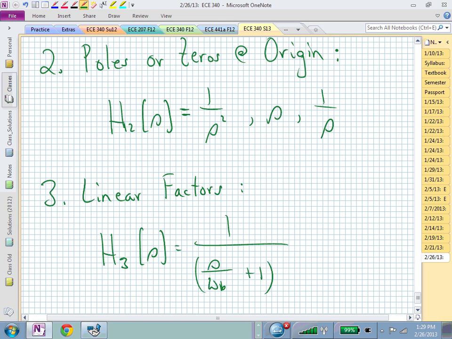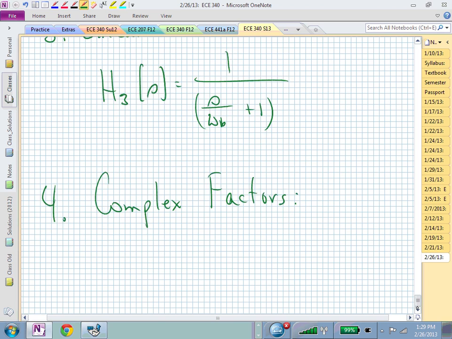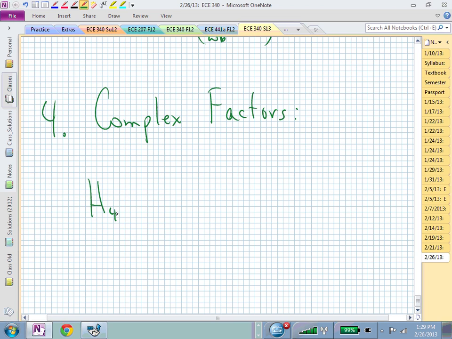The next term or factor that we will simplify is a complex factor or factors. Let's suppose that we have a complex pole factor, s squared plus 2 zeta omega sub n s plus omega sub n squared.